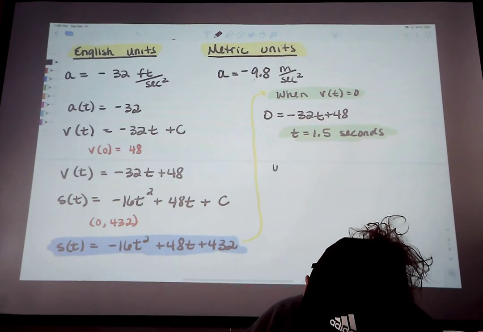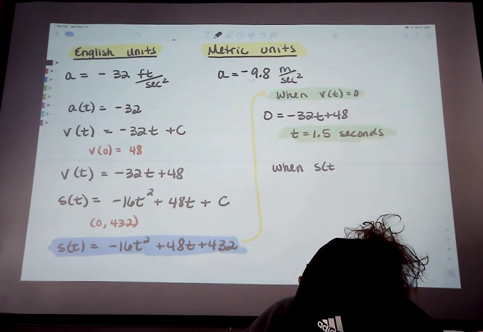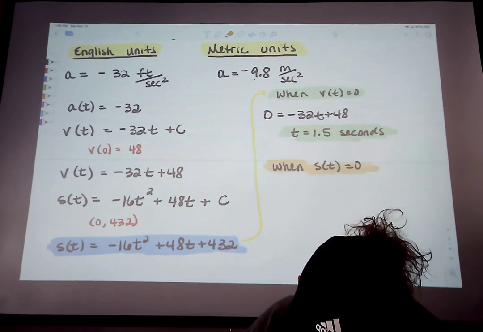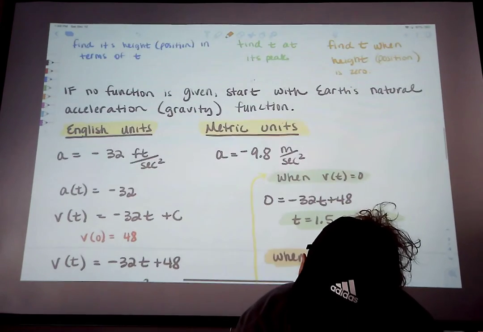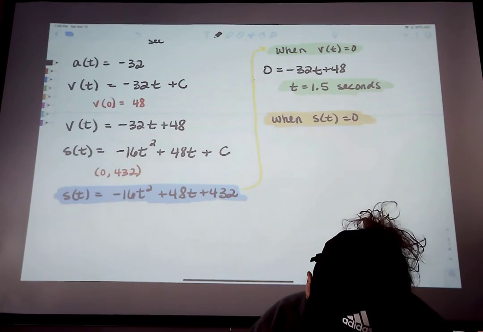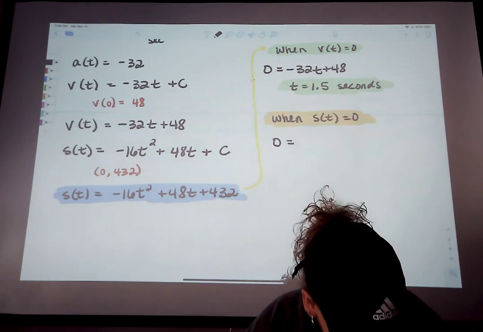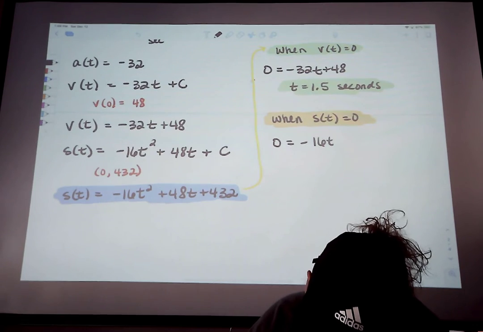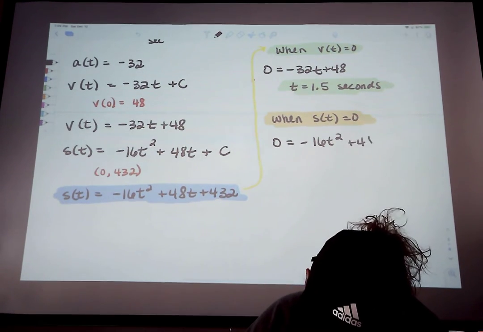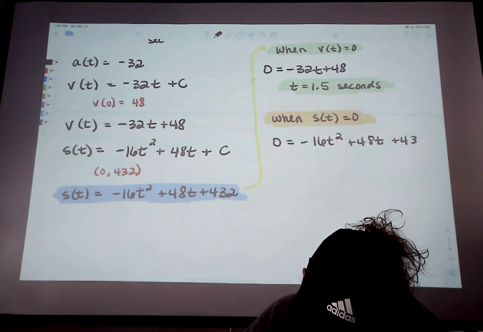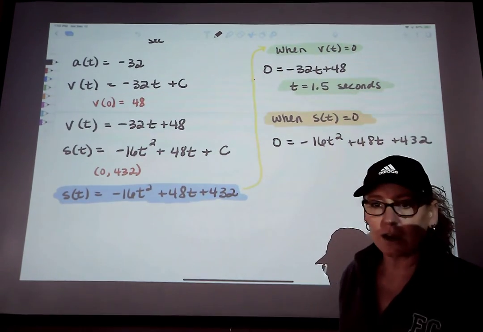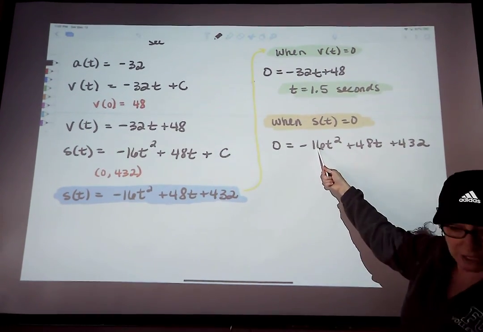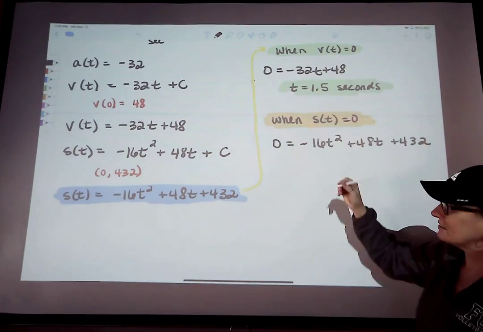So when s of t equals 0, this is going to answer when it hits the ground. So I'm going to, yeah, that was orange. On my paper, I tried to factor it, so I was able to pull out a -16.